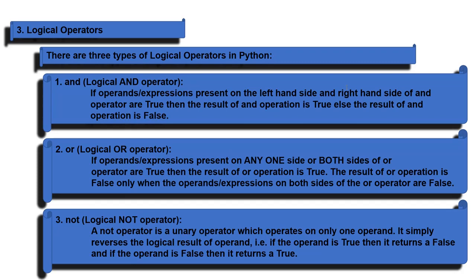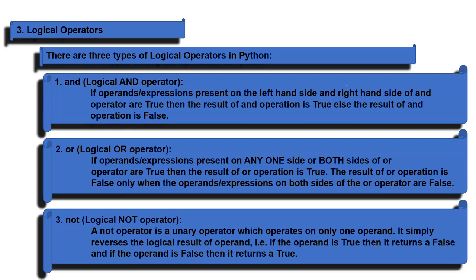That means if the result of an operation is true and the not logical operator is applied on that operation, then the result will be false. It inverts the truth value. If the result of an operand in an operation is false and the not logical operator is applied on it, then it will invert it to true.